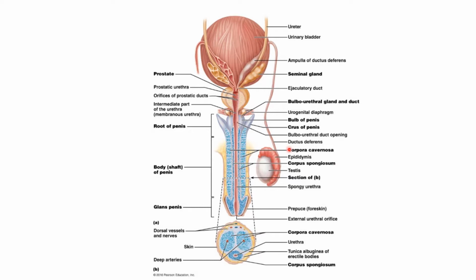During sexual excitement, erection is going to be triggered by the parasympathetic reflex. And that's going to promote the release of nitric oxide. Nitric oxide is going to relax the smooth muscles in the penile blood vessels within the erectile tissue.